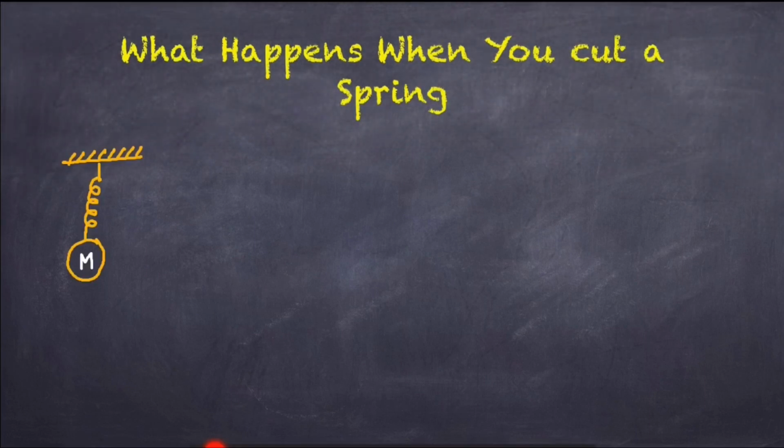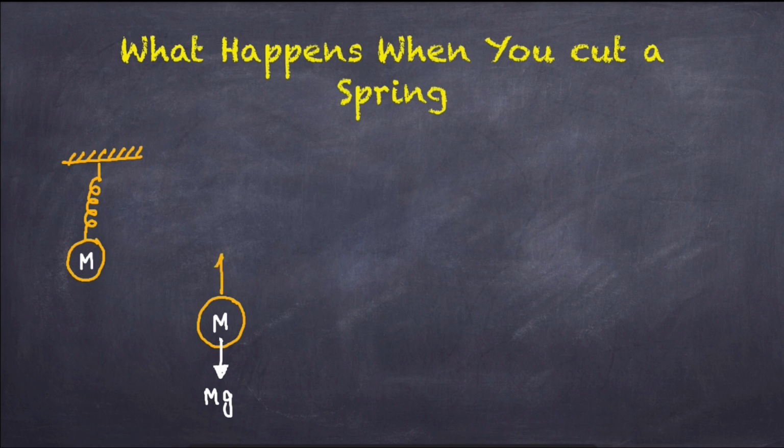Suppose over here I have a body of mass m, which is connected to the wall with the help of a spring. So this is the spring. If I draw the free body diagram of the ball of mass m, what will I get? This is the mass m. The force mg will act downward, and the spring will provide a spring force, which always acts away from the body again.